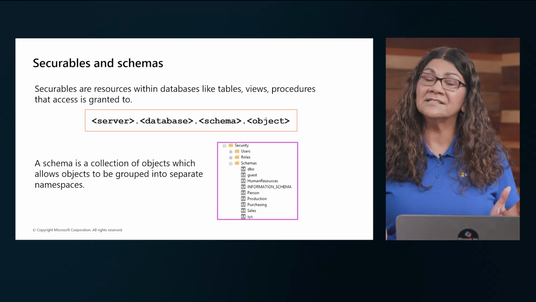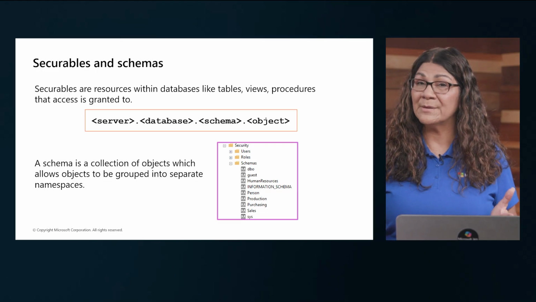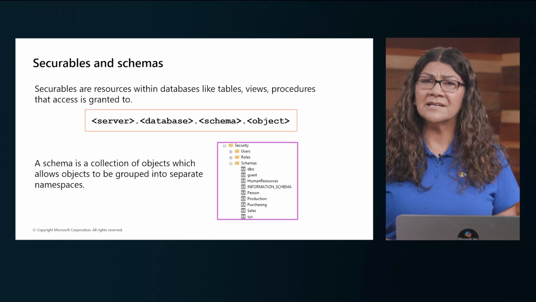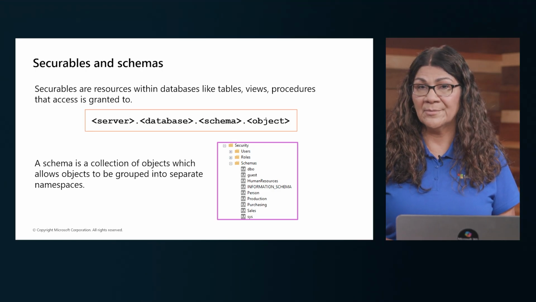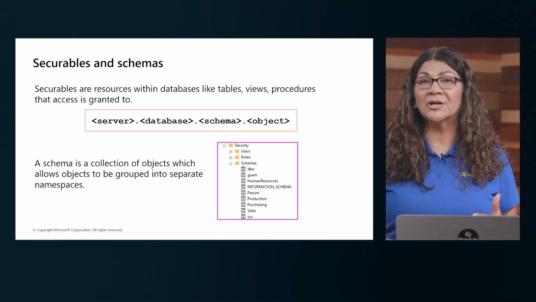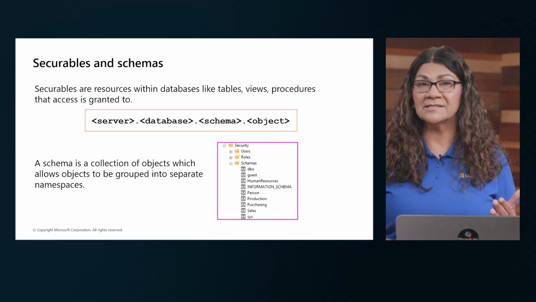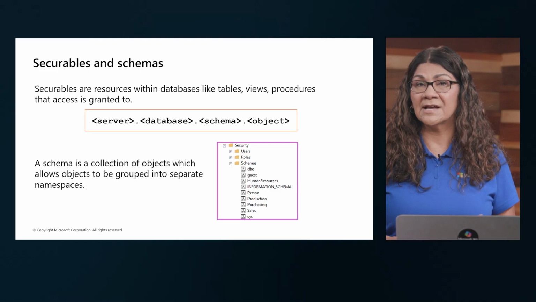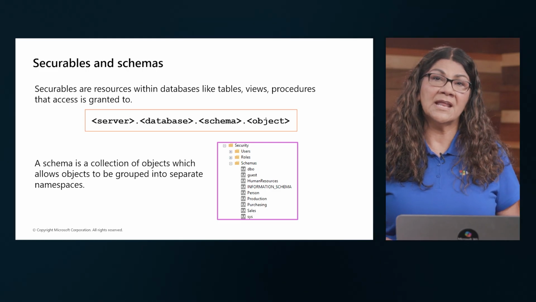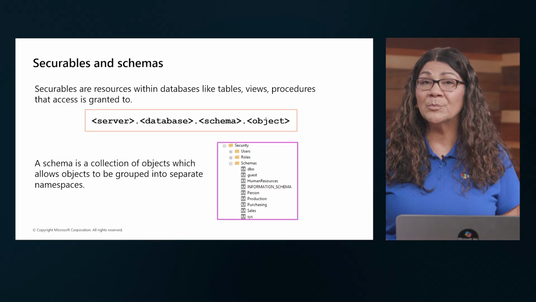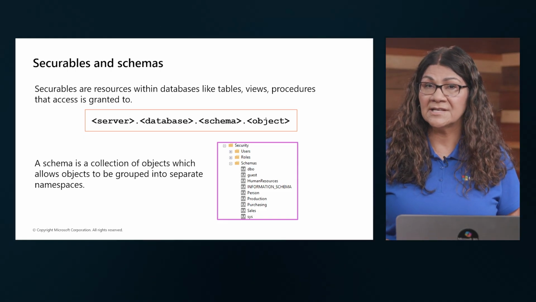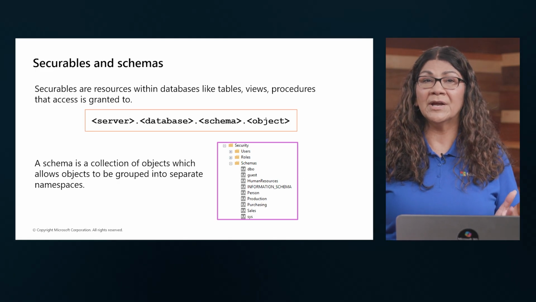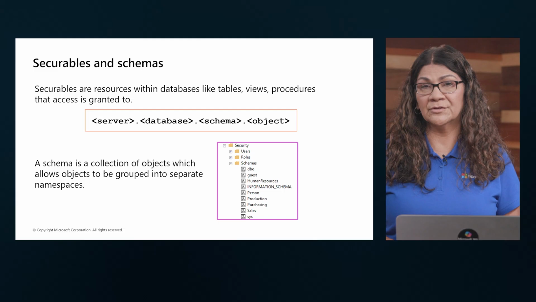Schemas act as containers or namespaces that group related objects together, making it easier to organize and secure them. For example, HR-related tables might be placed in the human resources schema, while sales data could reside in the sales schema. In Azure SQL Database, the scope of securables is limited to the database and the schema levels, simplifying the hierarchy compared to on-prem SQL servers.